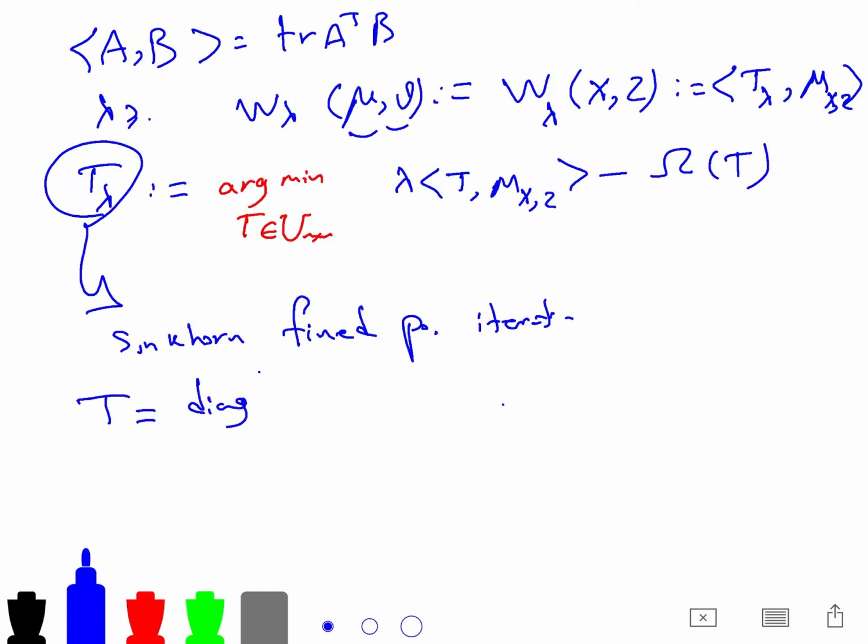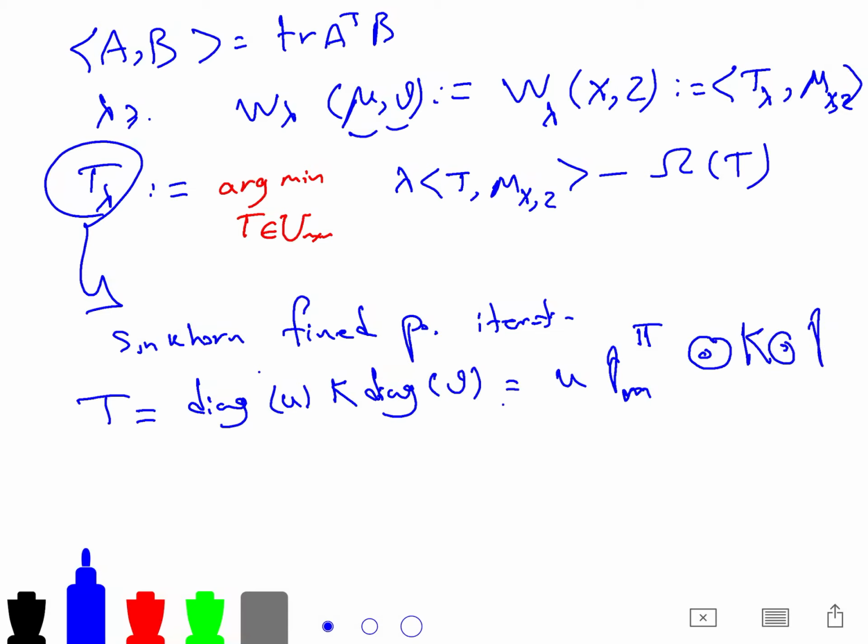And it is an algorithm where the solution is the diagonal of V, which is this one. This is the element-wise multiplication of the three matrices.